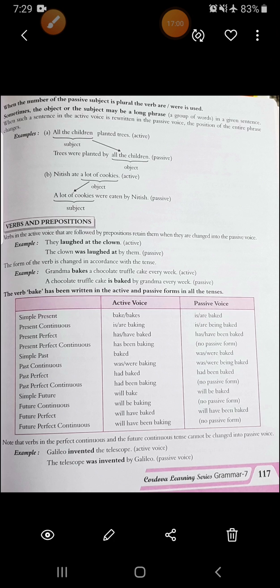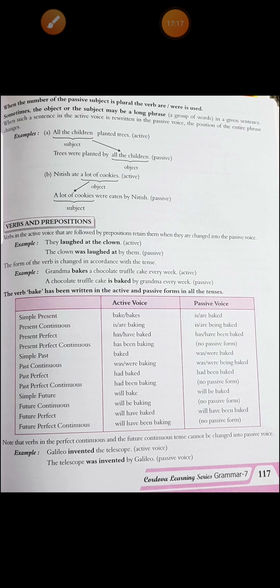Past perfect, had baked, had been baked in passive voice. Then again past perfect continuous doesn't have any passive voice. Next simple future, will bake, will be baked. Future continuous doesn't have passive voice. Future perfect, will have baked, will have been baked. All right. If you just see, it's not tough. You'll find easily how to change it. Okay.